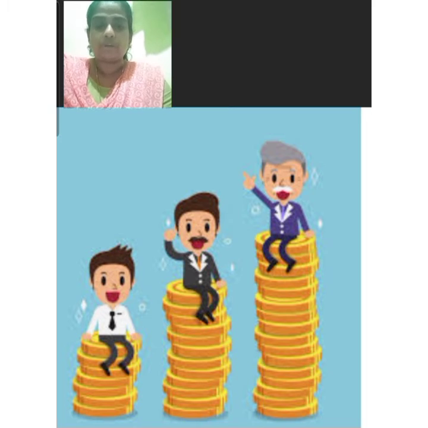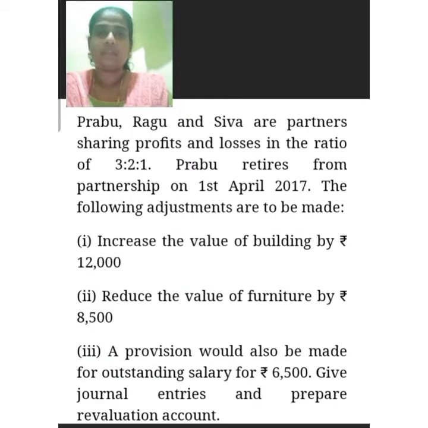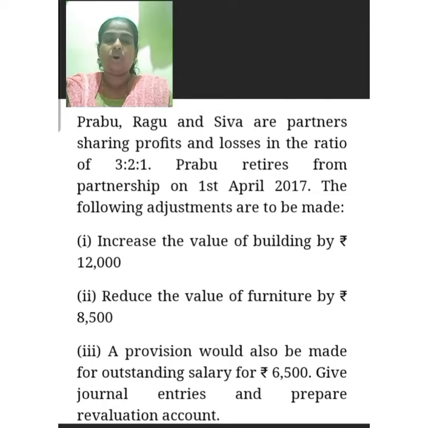Now we are going to solve one problem. Prabhu, Raghu and Shiva are the partners sharing the profits and losses in the ratio of 3:2:1. Prabhu retires from the partnership on 1st April 2017. The following adjustments are to be made. First adjustment is increase in the value of building by rupees 12,000.